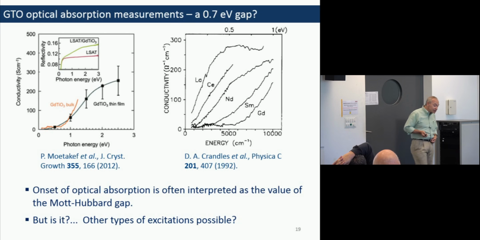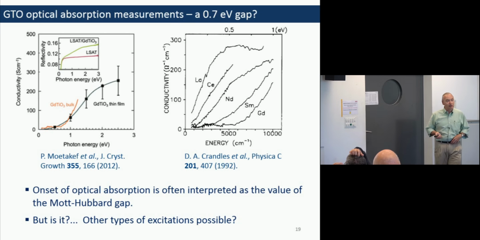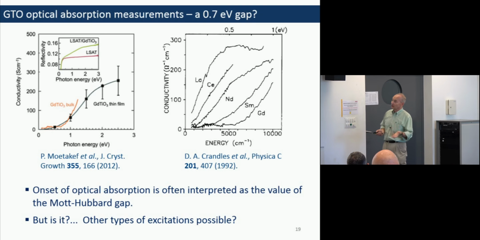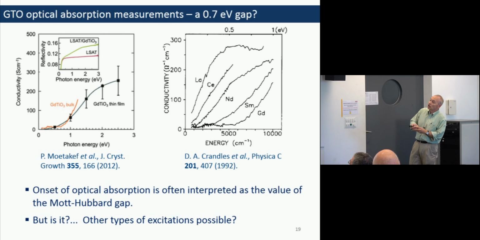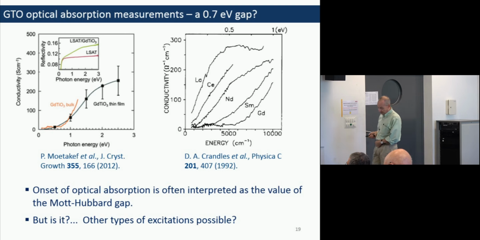Okay. It turns out that those experiments are essentially optical absorption experiments. So not luminescence experiments, but I mean, it's actually done in the context of so-called optical conductivity, but it's essentially an optical absorption measurement in which you monitor the conductivity of the material as a function of photon energy, and at some point you see an onset, which in gadolinium titanate turns out to be at about 0.7 eV.